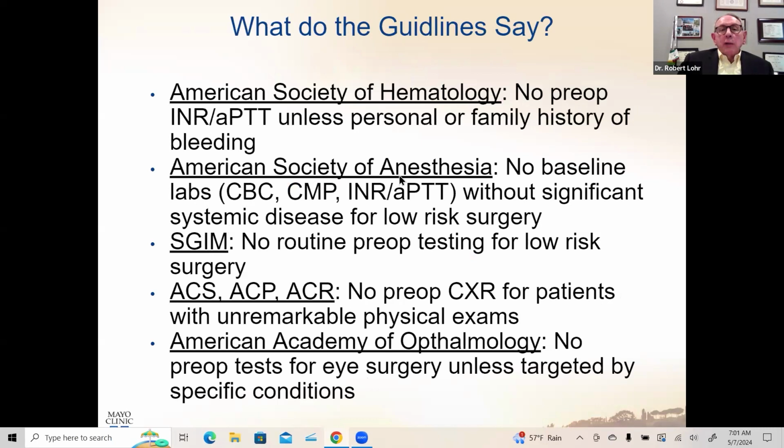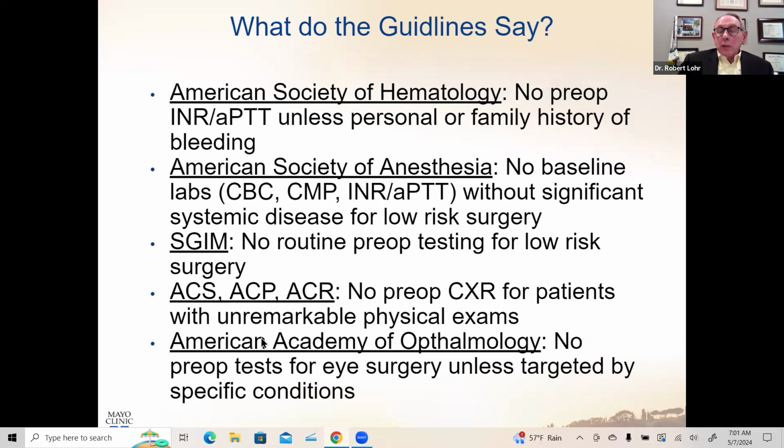The American Society of Anesthesiology says no baseline labs, including CBC, metabolic panel, and coags without a significant systemic disease underlying or its low-risk surgery. The Society of General Internal Medicine says no pre-op testing for low-risk surgeries. The American College of Surgeons, the American College of Physicians, and the American College of Radiology say no chest x-rays unless there is something on the physical exam.